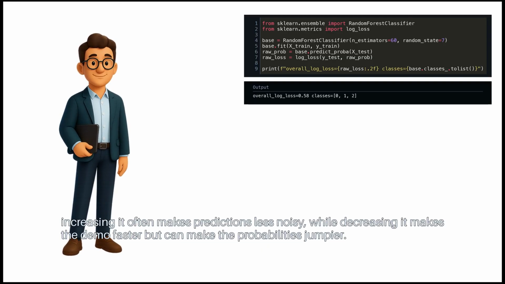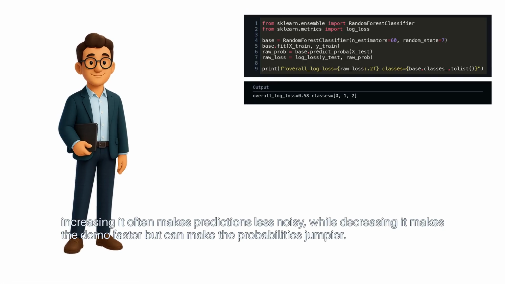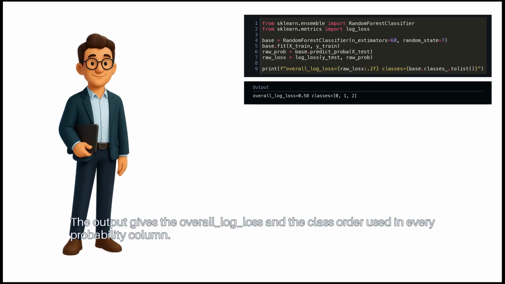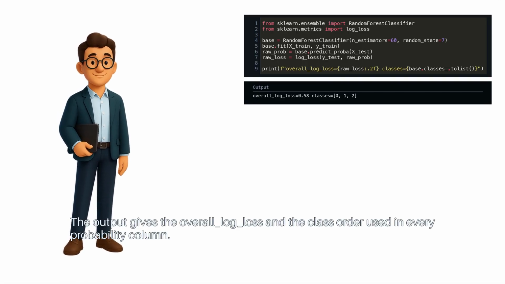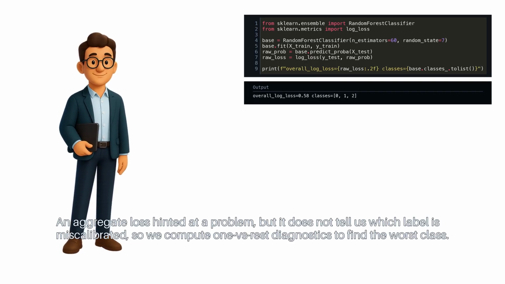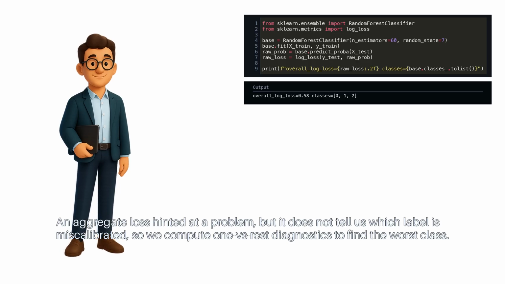Increasing it often makes predictions less noisy, while decreasing it makes the demo faster but can make the probabilities jumpier. The output gives the overall log loss and the class order used in every probability column. An aggregate loss hinted at a problem, but it does not tell us which label is miscalibrated.